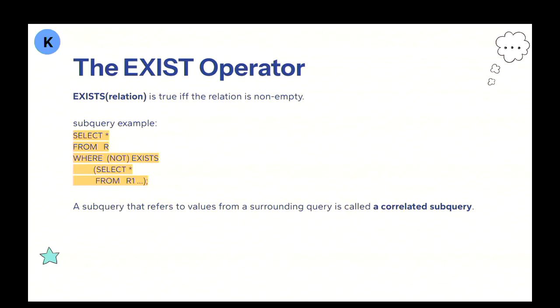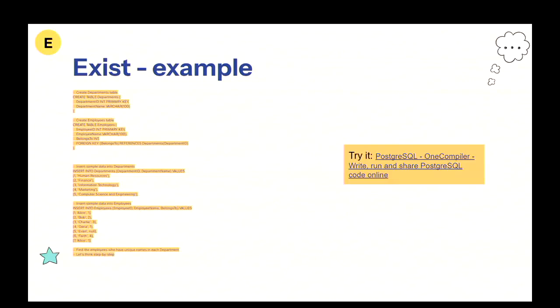For example, we can use a subquery as the parameter for exists, and the subquery used here is called a correlated subquery for the main query. I think the concepts are very straightforward.